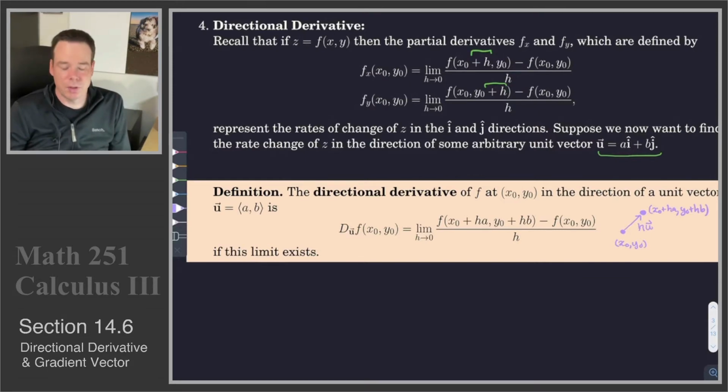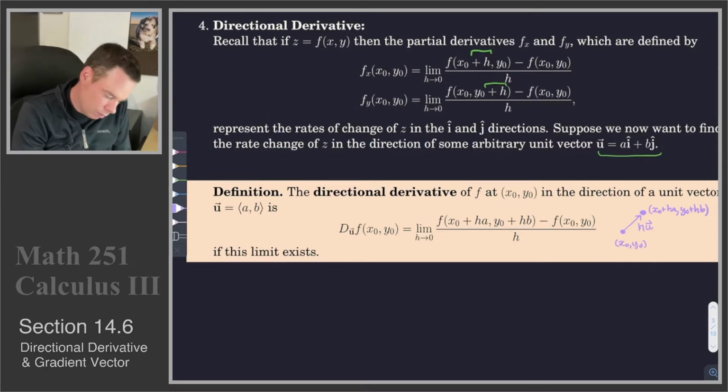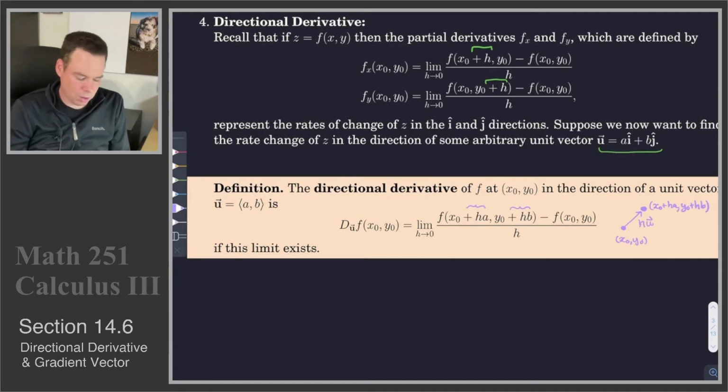We sample our function value there, so in other words we take f at that point, and we look at the difference quotient: f at this point minus f at the starting point, divided by h. So that's what we've done here. We've nudged ourselves a little bit in a direction that's a combination of the i and j directions. So we moved a little bit in the x direction and a little bit in the y direction, and how much depends on the relationship between a and b to each other.